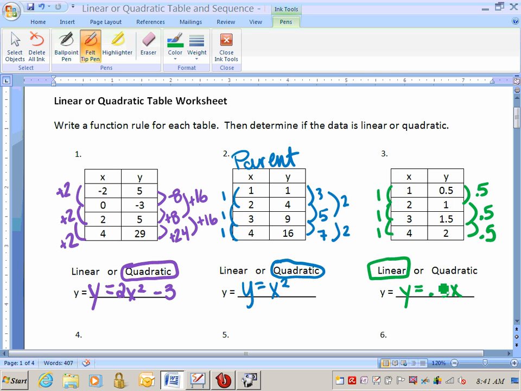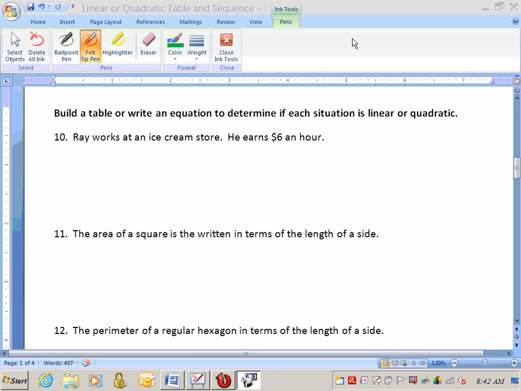Okay, we got it? Now I want us to skip to the back of the worksheet. Number 10 says, Ray works at an ice cream store. He earns $6 an hour. I think the easiest thing for us to do right now is write our table.